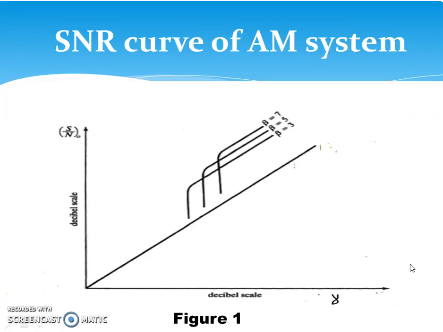Now let's see the SNR curve of angle modulation system. In this curve, we are taking the baseband case as the benchmark. We know that in the baseband case, output SNR is equal to gamma. Also, in angle modulation, as we increase the modulation index, the output SNR increases. Now, at this point, suddenly it starts deviating from the straight line curve.